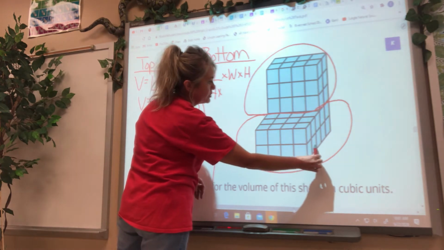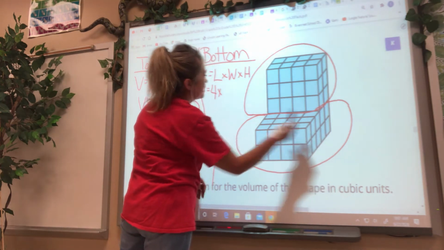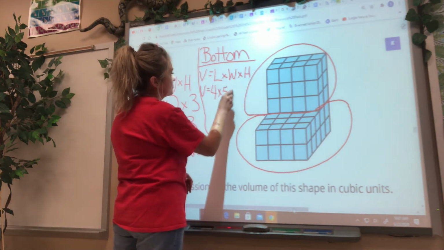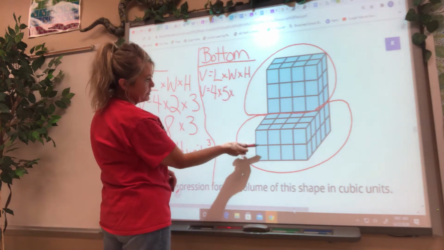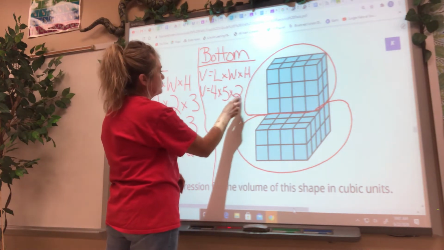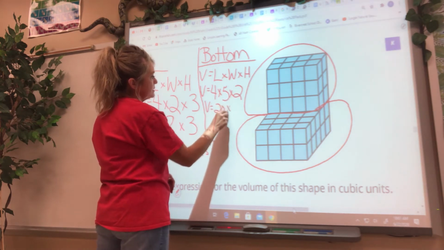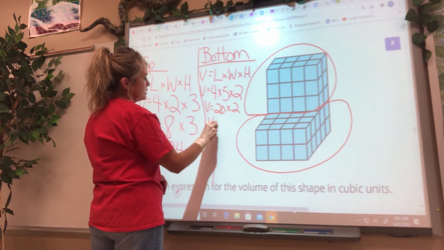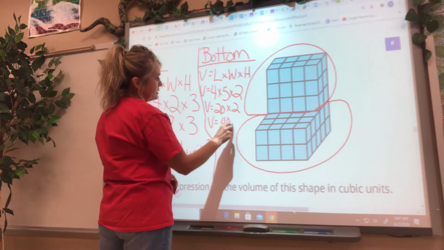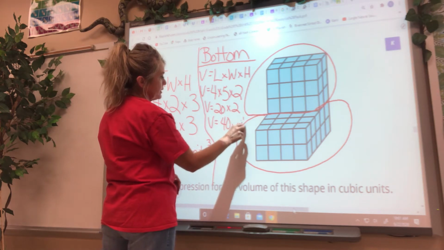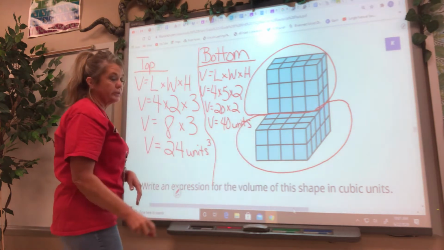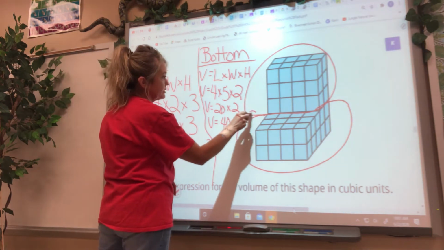It's 1, 2, 3, 4, 5. And the height is 1, 2. So the volume on this side, we would have 20 times 2 is 40. Again, it's just in cubic units, so they would need to label with the units and put a little 3.